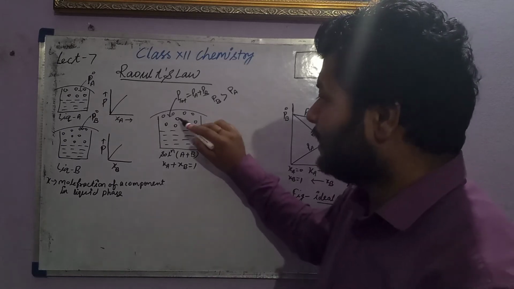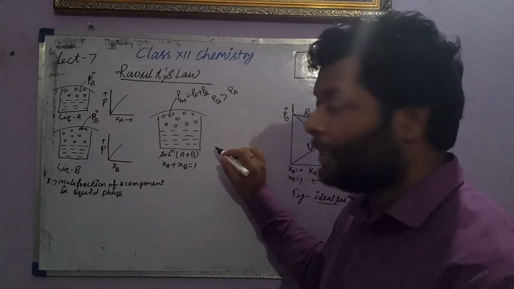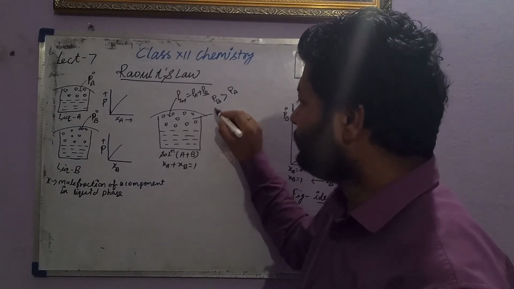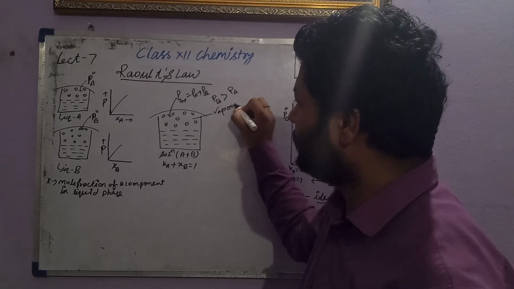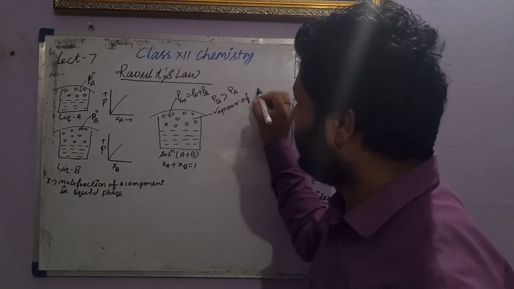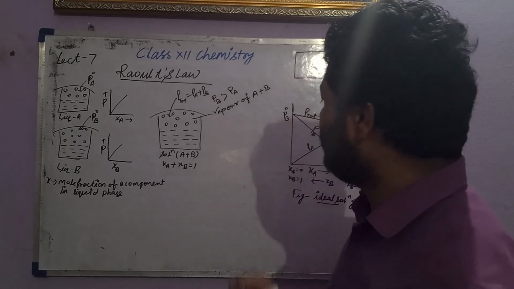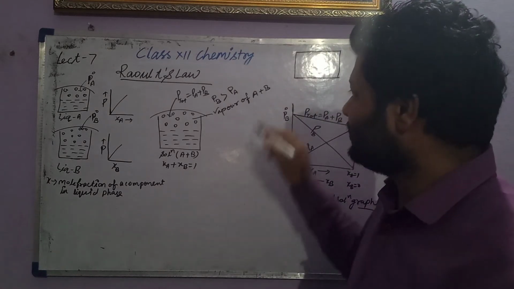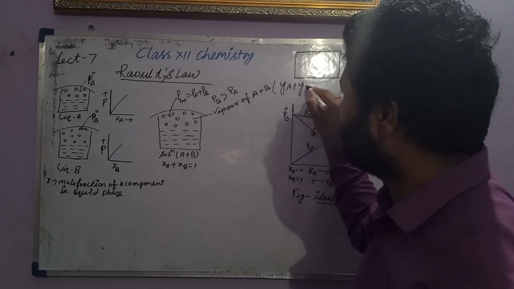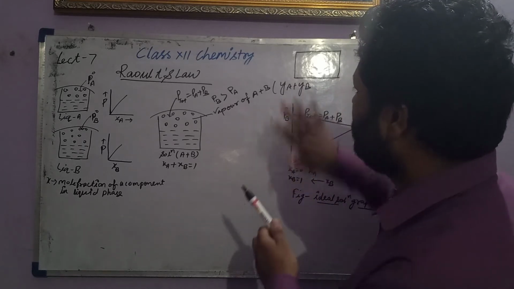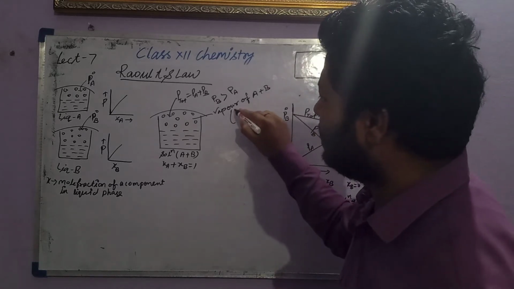You can see these vapors are actually a mixture of component A and component B, vapor of A and B, and the mole fractions for that you can write as Ya and Yb.